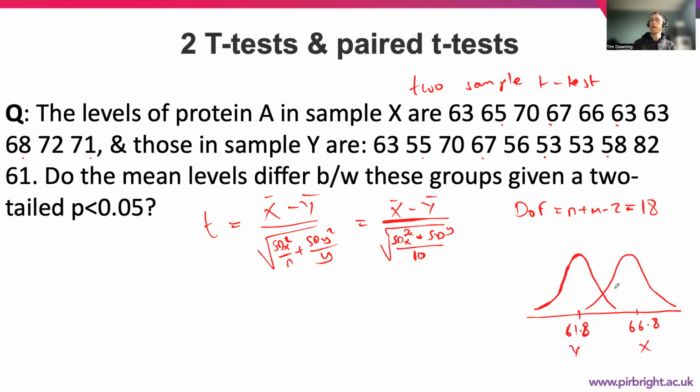And therefore we're trying to see how different they are in that t-value. So we're looking at 66.8 minus 61.8, and then we need to get our values for the denominator. So it's 11.5 plus 3.7, all over 10. And we're able to work this out as t equals 1.62.